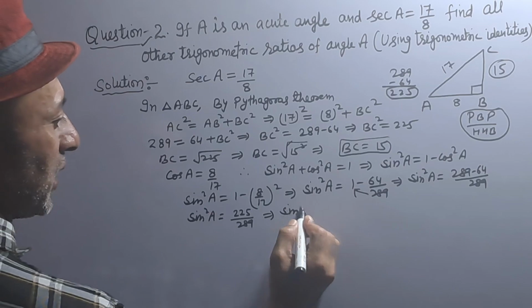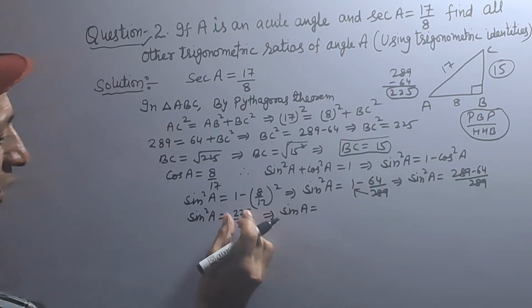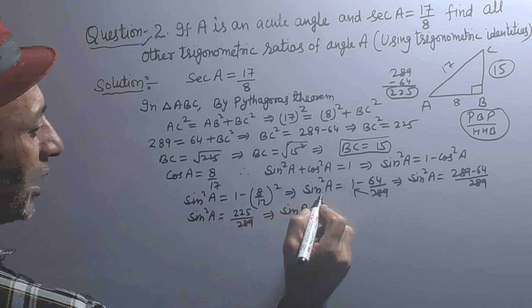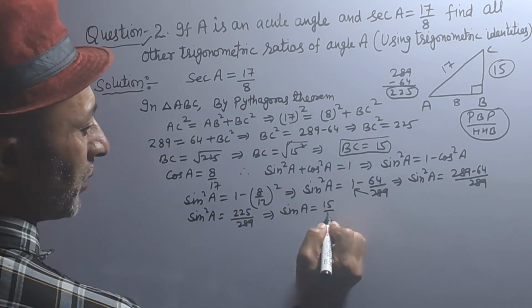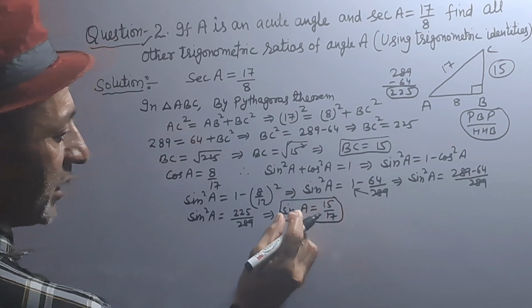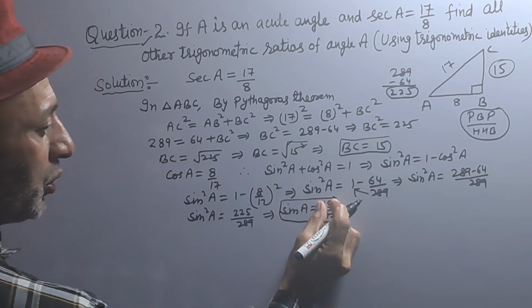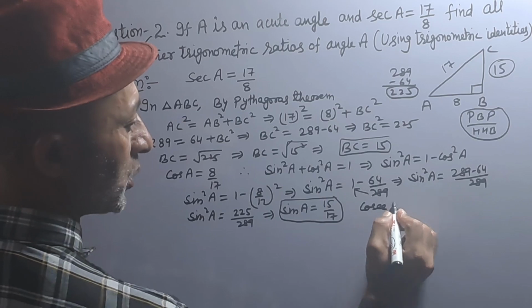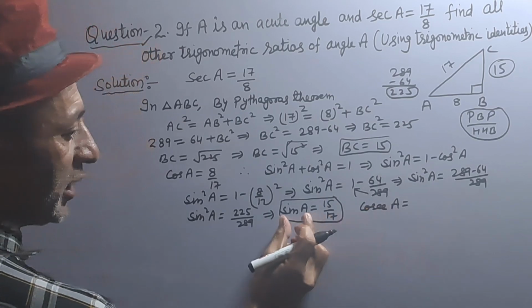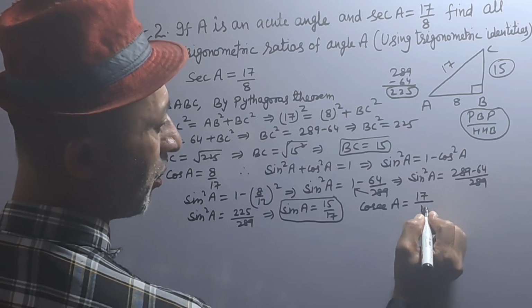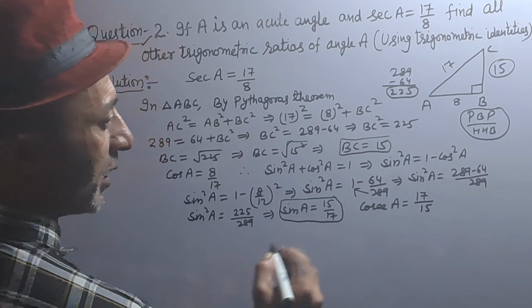Then sin A is equal to, that is 15 square and it's 17 square, 15 upon 17. And sin A is equal to 15 upon 17. Then cosecant A is equal to reciprocal of sin A, that is 17 upon 15.